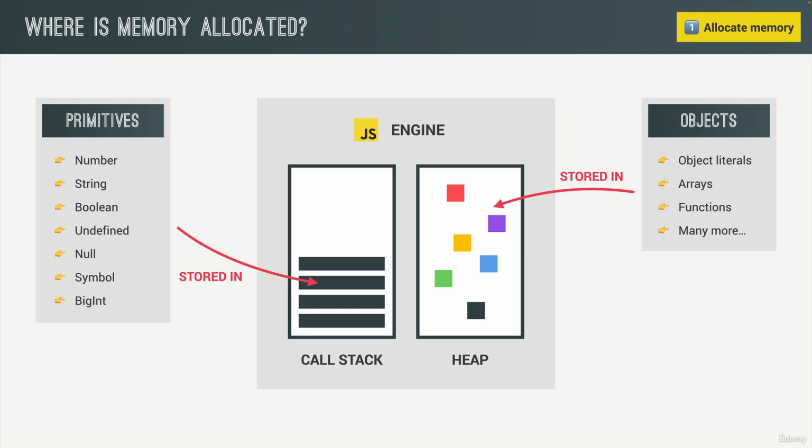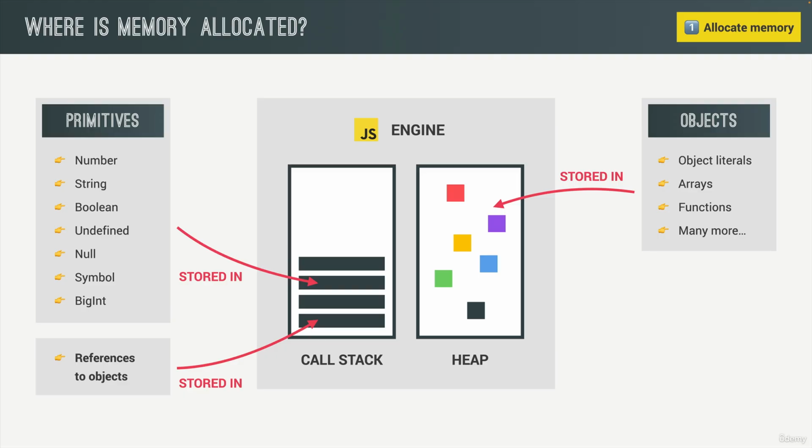So, in summary, memory for objects is allocated in the heap and for primitives in the call stack. But that's actually not all. So, besides primitives and objects, there are also something that we call references to objects, and these are also stored in the call stack. Now, what do I mean by object references?